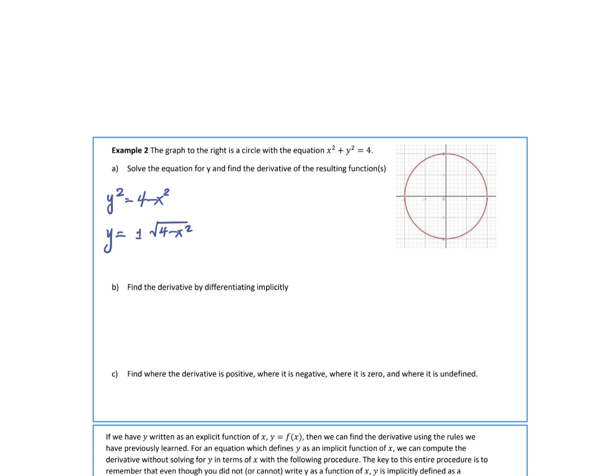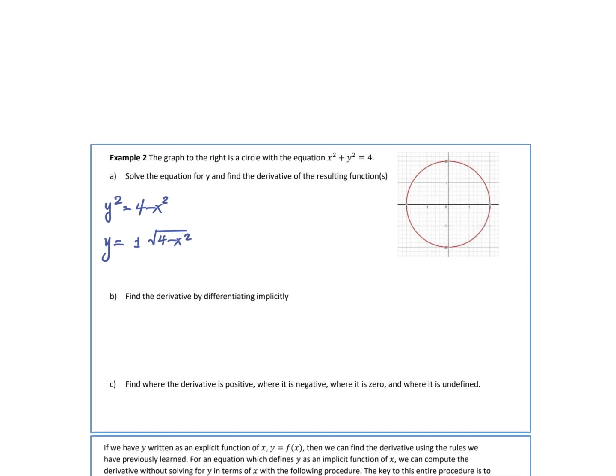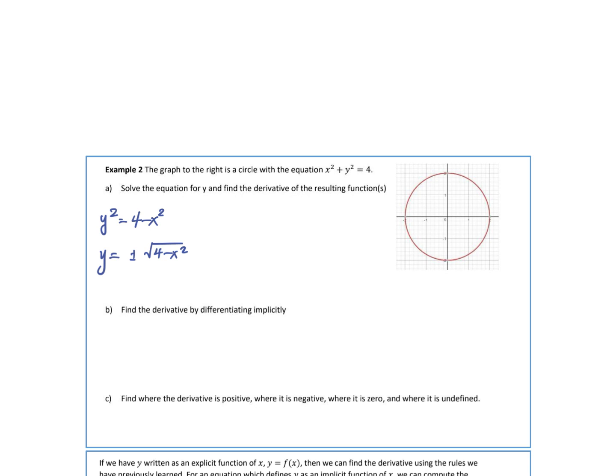Then if we wanted to derive this, it's going to be a chain rule with a power. So you're going to bring down the half. So y prime, dy dx, is going to be equal to 1/2, rewrite it, lower the power by 1, times the derivative of the inside. That's what we spent all of the previous chapter doing.